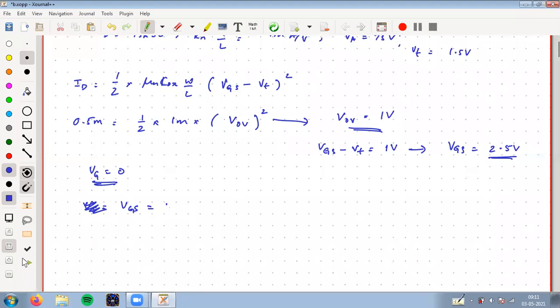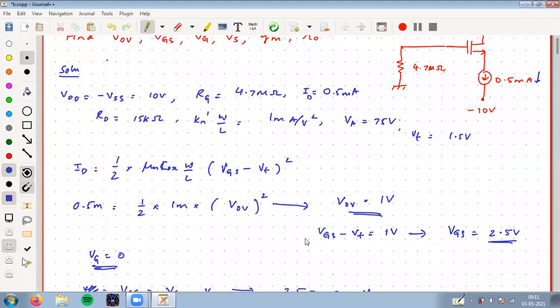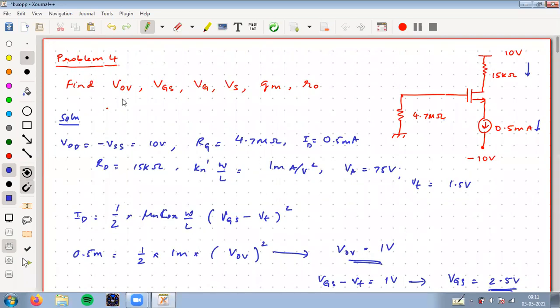VGS is VG minus VS. So 2.5 equals 0 minus VS. So VS is minus 2.5. Right. So found out all the four: this one, this one, this one, and this one.